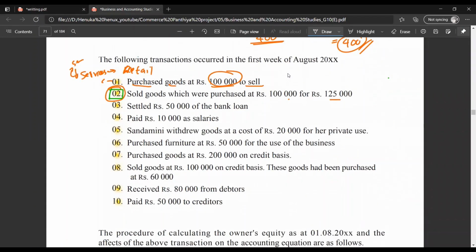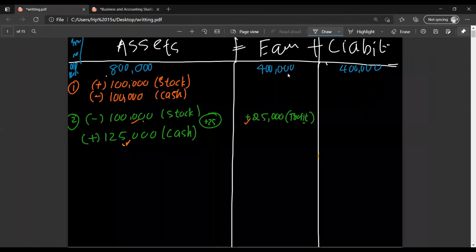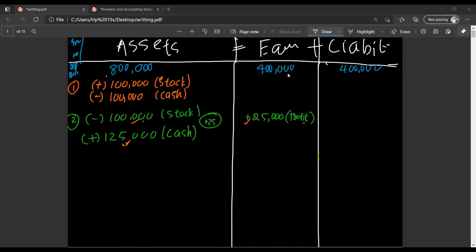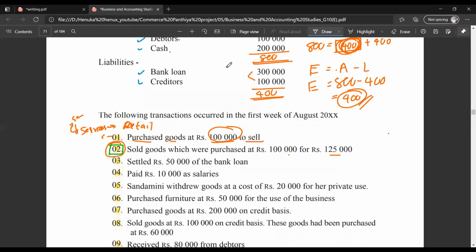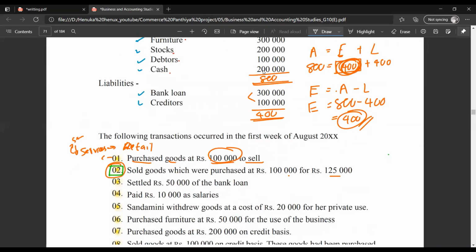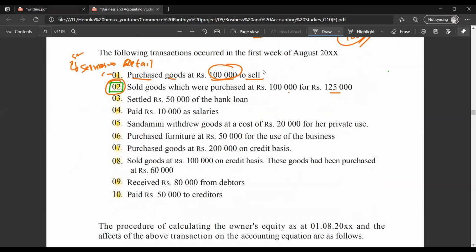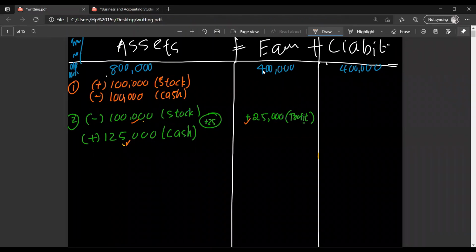Settled 50,000 of the bank loan. So we have an opening balance of liability, I think we have an opening balance of bank loan worth 300,000. We settle how much? 50,000. So it is easy now. This is very easy, you can all do it. You only need support for this transaction because it is new.